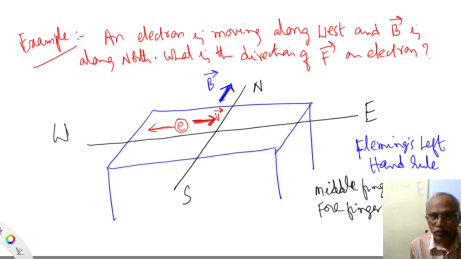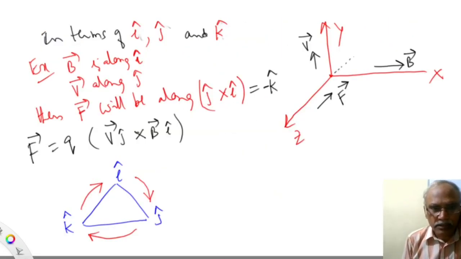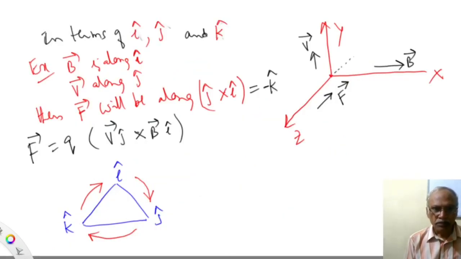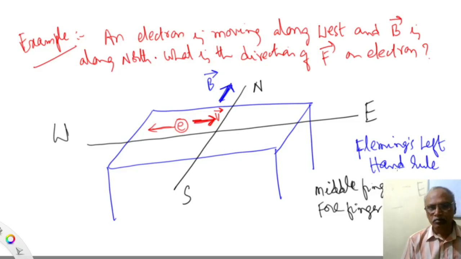Forefinger along the direction of B bar, middle finger along V bar. So here, as per this, the middle finger is along east and the forefinger is along north.